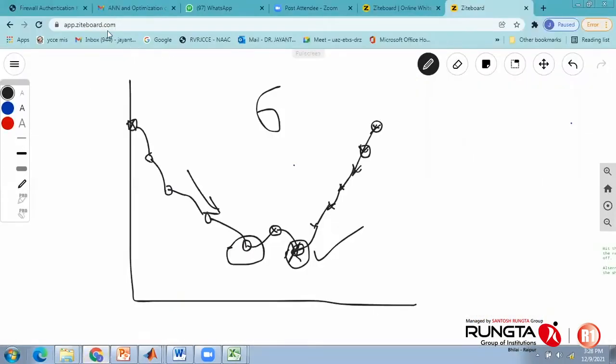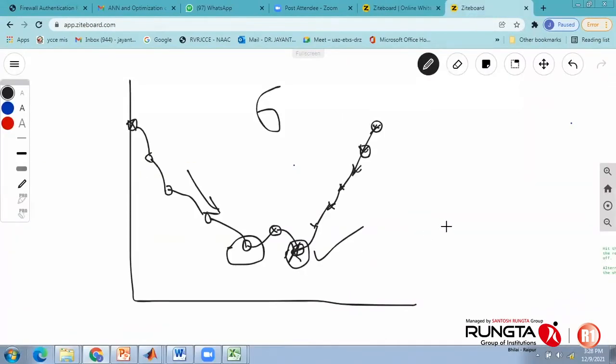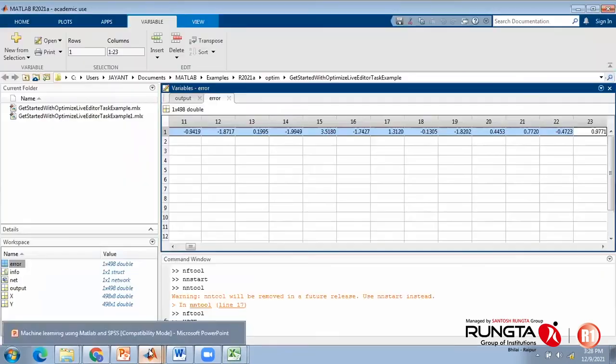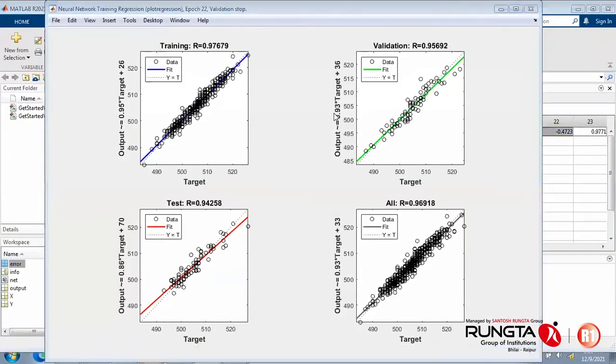We had this discussion, no? If I really wish to improve upon this, the dynamic factors associated with this are the transfer function at the hidden layer and output layer.